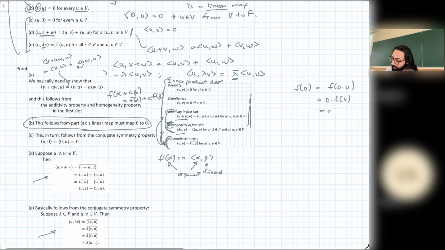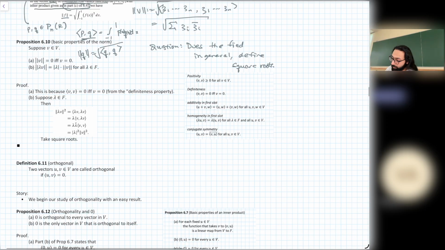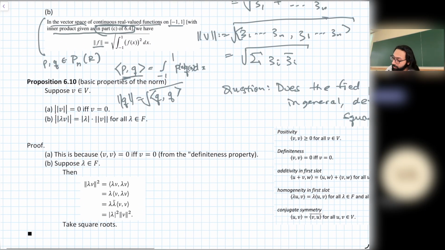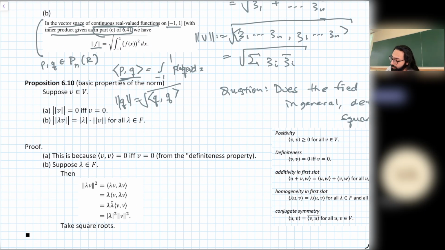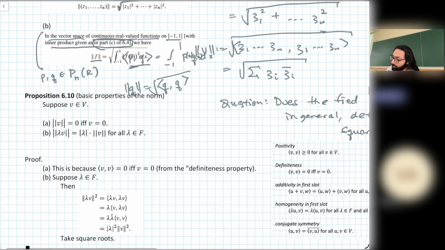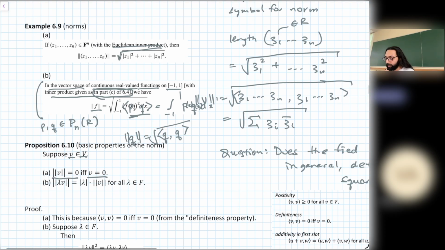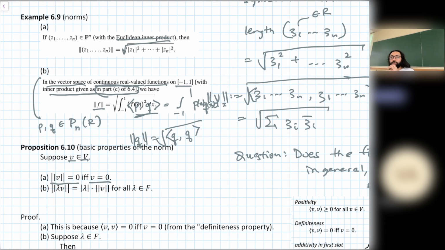Okay, so now let's look at proposition 6.10. It says: suppose V is a vector. The length of V is 0 if and only if the vector itself is 0. Can someone see the proof? Let's look at it together.